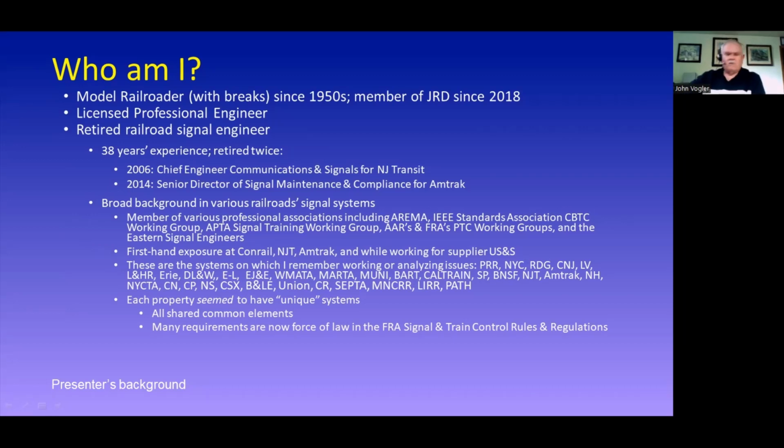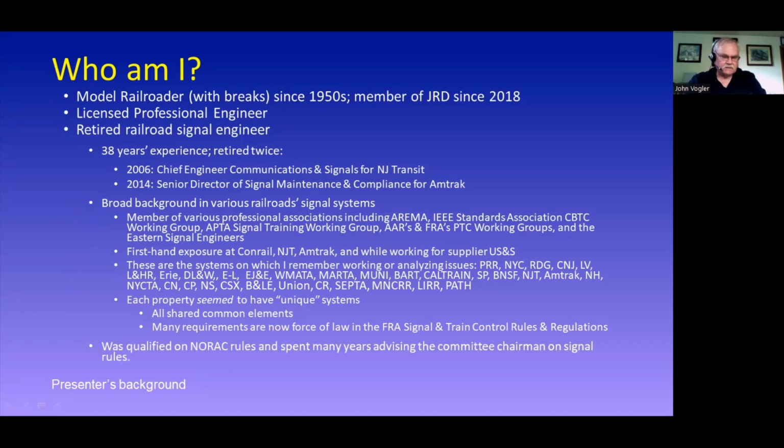What was interesting to me was that each property seemed to be different, seemed to be unique. But early on in my career, I figured out that instead of being unique, they were very, very similar. And most of the requirements are now FRA rules and regulations that actually govern what must be done. It's no longer a 'you can,' it's 'must.'